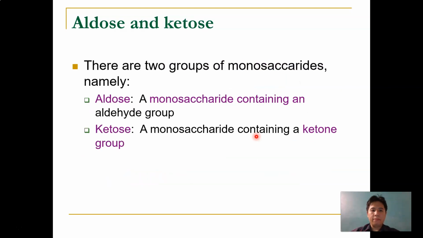You can also group the monosaccharides into different groups. A monosaccharide can be an aldose or a ketose. If your monosaccharide has an aldehyde group, it's an aldose. If it has a ketone group, it's a ketose.